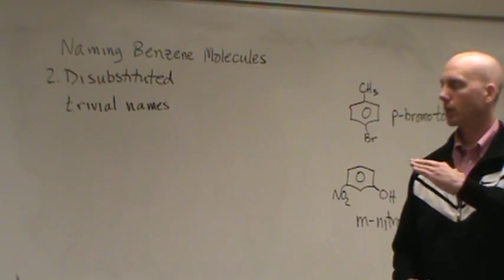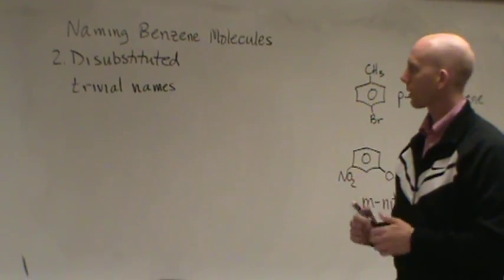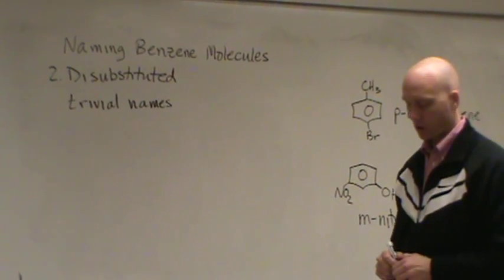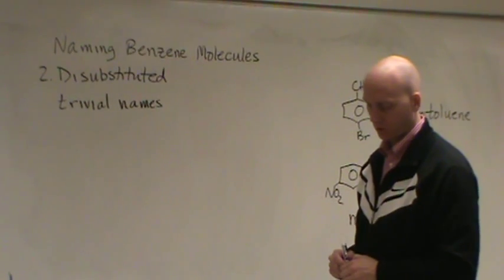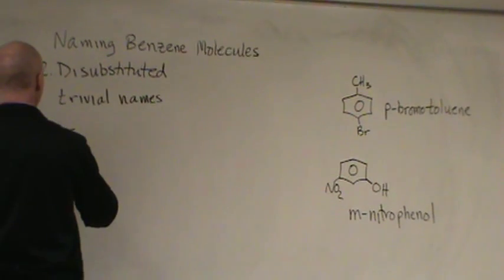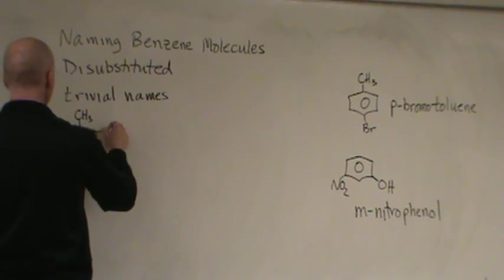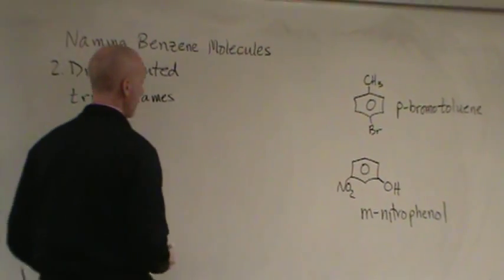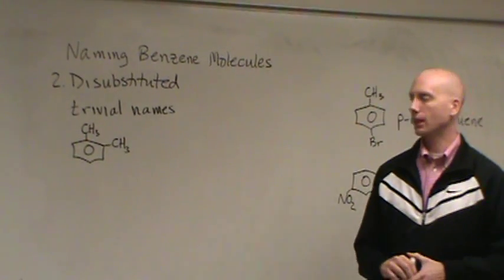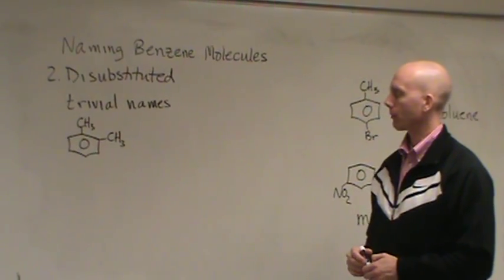I now want to shift our attention to some trivial names that are with di-substituted molecules. Let me show you one to start with here. For example, suppose you had two CH3s on the benzene, two methyl groups. How would we name that?